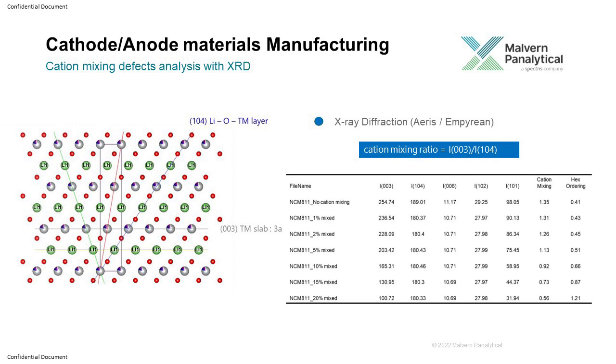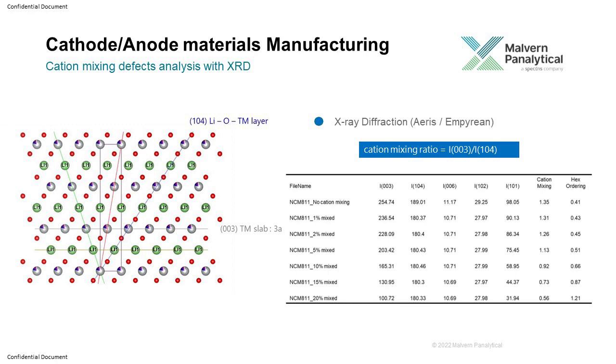In this layer, if you talk about this direction, then lithium and nickel are already mixed. So you have both lithium and nickel present, but in this direction, they are separate. If there is cation mixing, this layer is not affected because here it is already mixed, but these layers are affected.